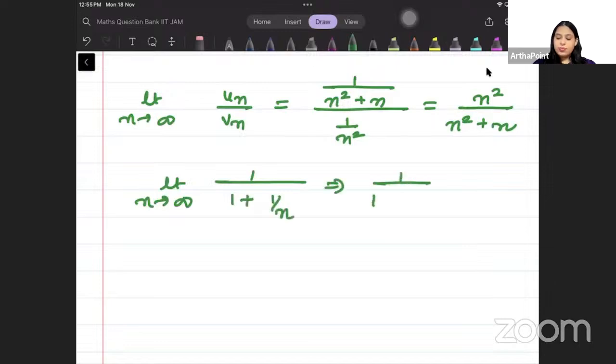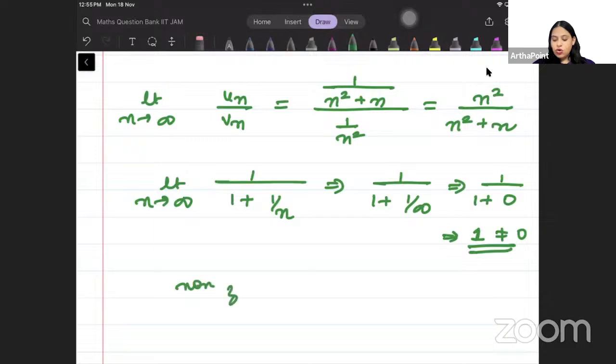This will give me 1 upon 1 plus 1 by infinity, 1 upon 1 plus 0, which will be 1, which is not equal to 0. So I have got a non-zero finite limit.